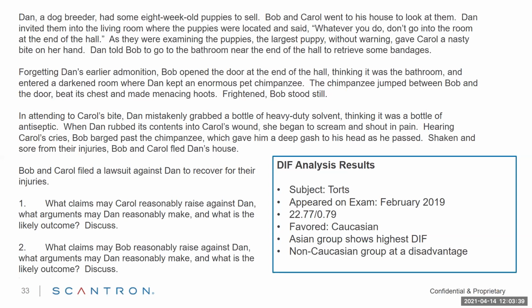Conversely, only 43% of Asian community members own at least one pet, and 44% of Black community members are pet owners. So is that a bias within the item? No, but a very interesting theory behind perhaps why we're seeing that the Caucasian group is favored and that the Asian group shows the highest diff.